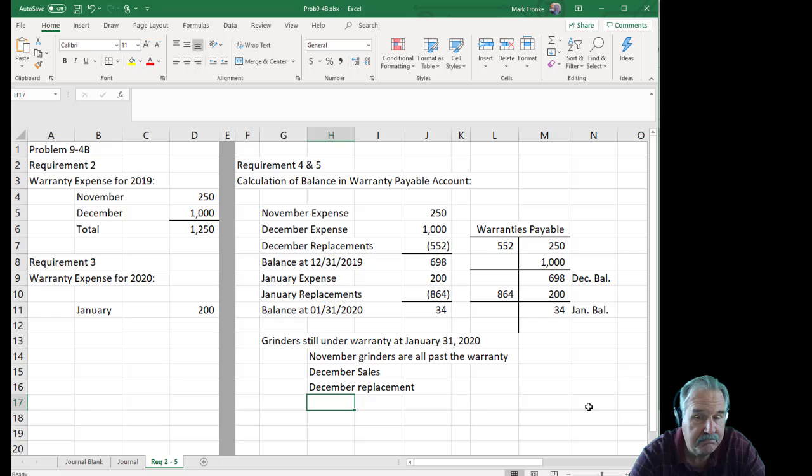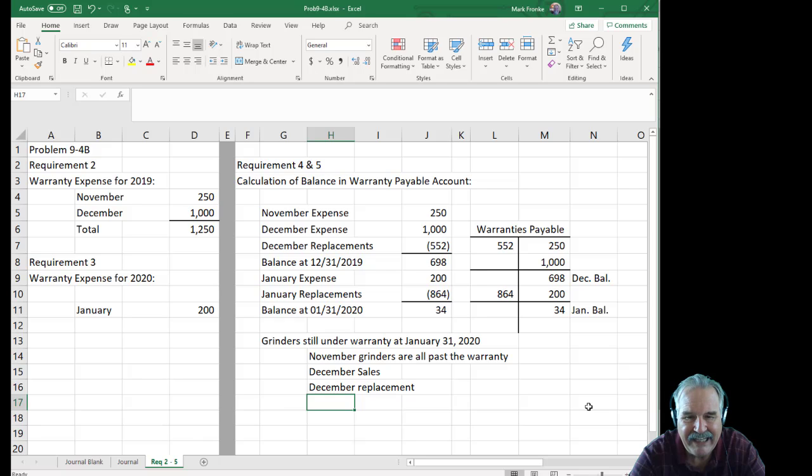That's for the December. I think there's still some November ones that could come back. 60 days was the warranty period. But anyway, we had $698 as a credit balance in the warranties payable account. Then in the month of January, we had $200 worth of expense because sales were $2,000.